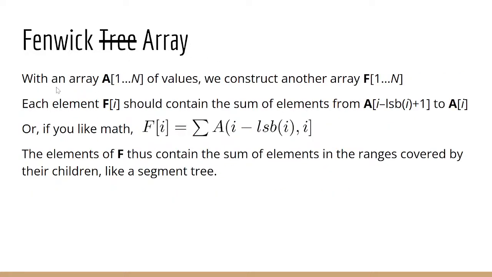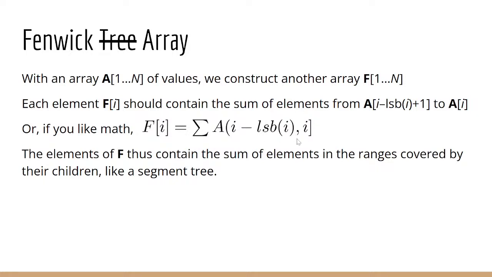Okay, so if we have an array of values which we want to construct a Fenwick tree on, we'll construct another array f. Each element contains the sum of elements in this range, which is from i minus the least significant bit of i, exclusive, up to i inclusive.